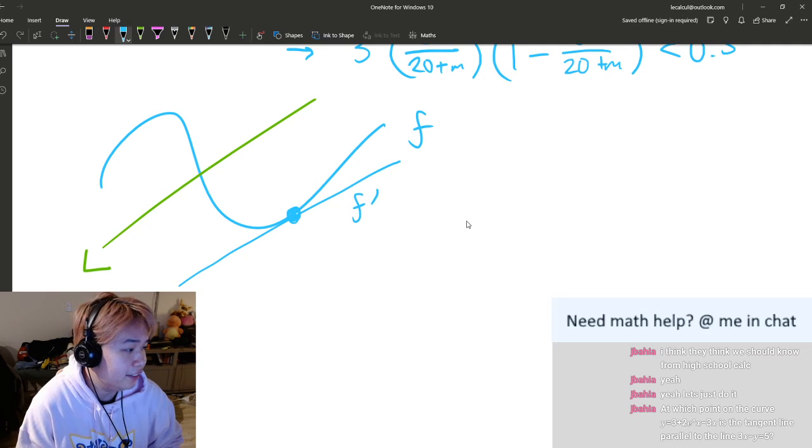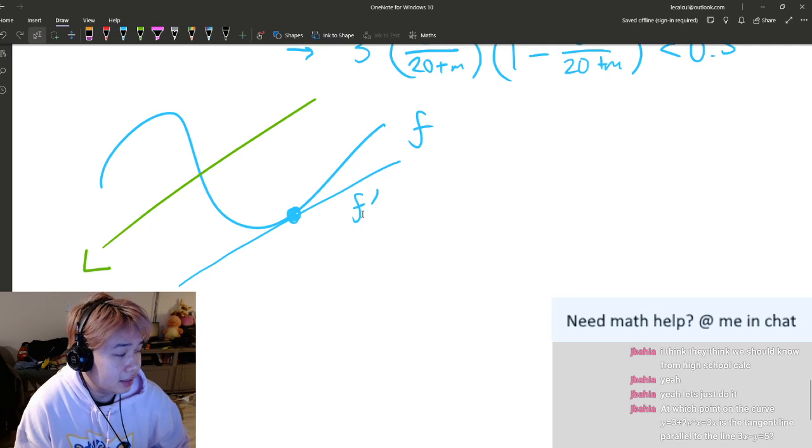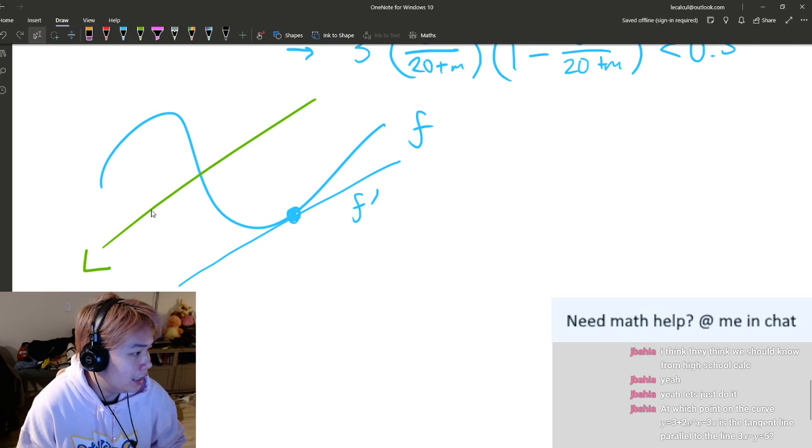So in other words, f prime, the slope of the tangent, needs to be equal to the same slope as the line. So our line has this equation.